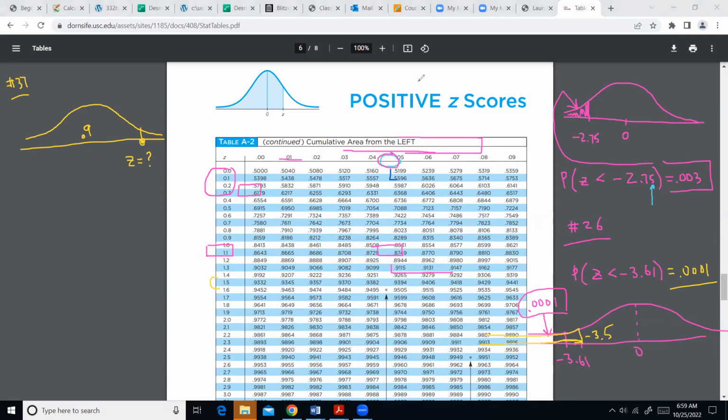Because it's way larger than 0, so it has to be positive. So in the tables, they want me to find a number which is 0.9, or actually the closest to it. So if I start on the top and keep going down, I see 0.5, 0.6, 0.7. So then I get the row with 0.9.